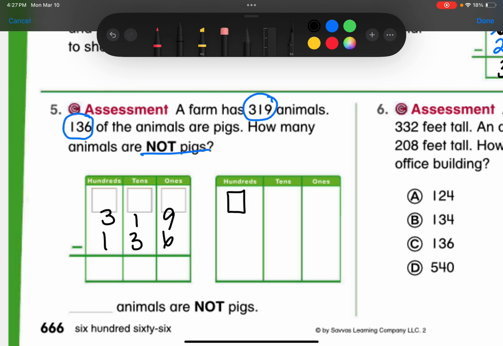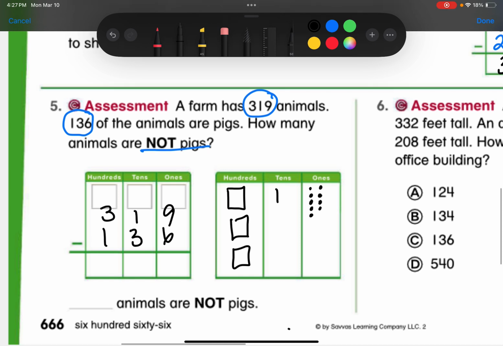So that has 1, 2, 3 hundreds, 1 10, and 9 ones. And I'm going to start with my ones and just start crossing things out. So 9 minus 6. So my 6 is right there.